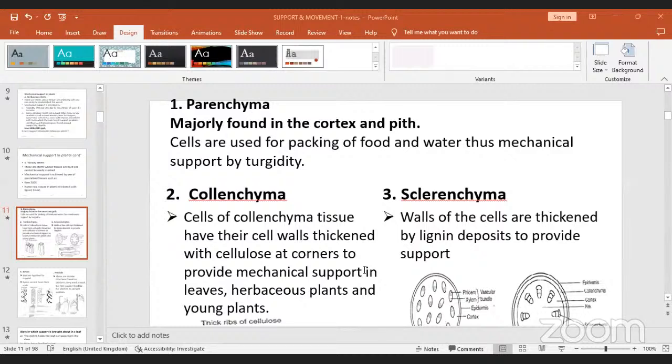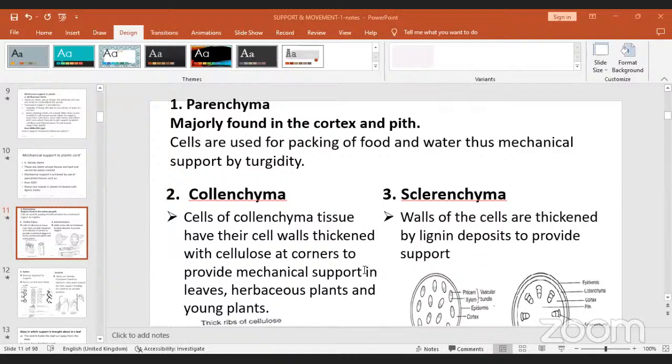And so remember we said that the parenchyma cells are only able to offer support when they're full. They're used for packaging and storage. They will store water, they will store food. When they are full, then they become turgid, and that turgidity enables them to support the plant.